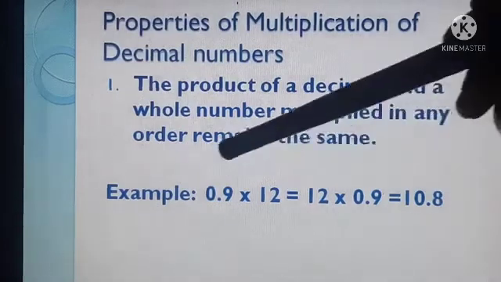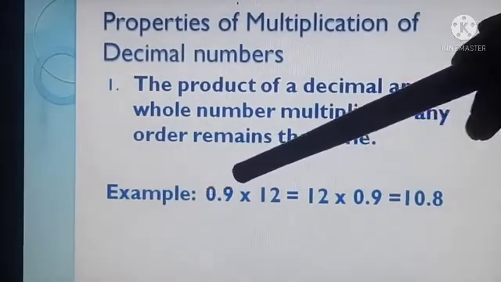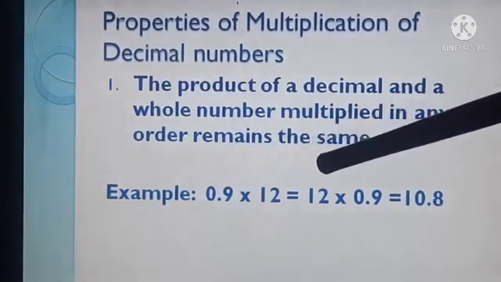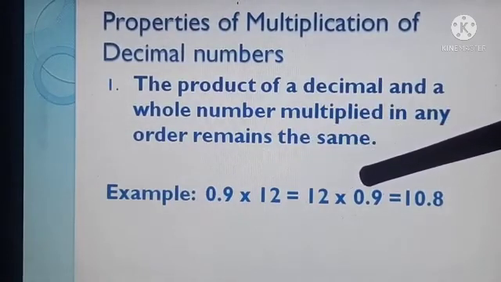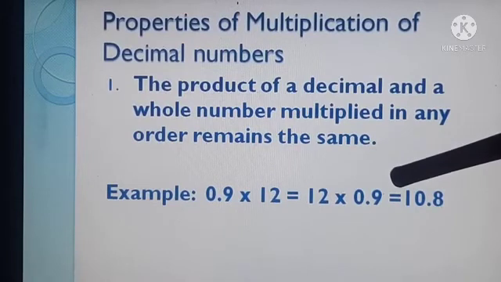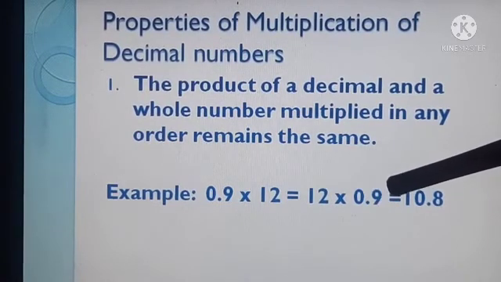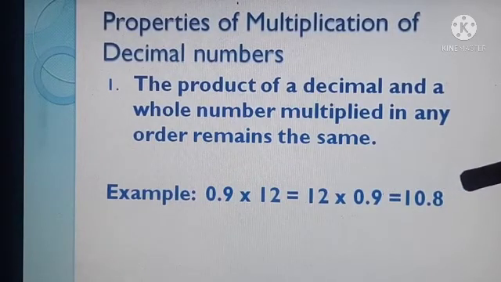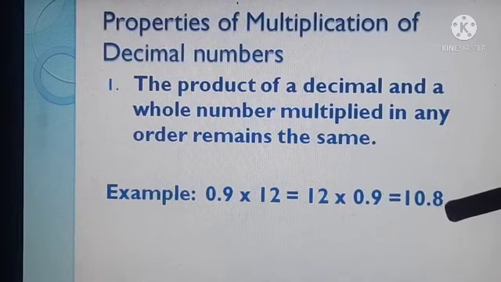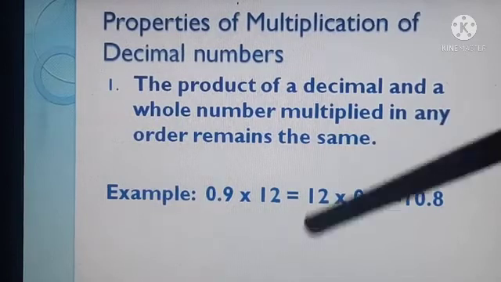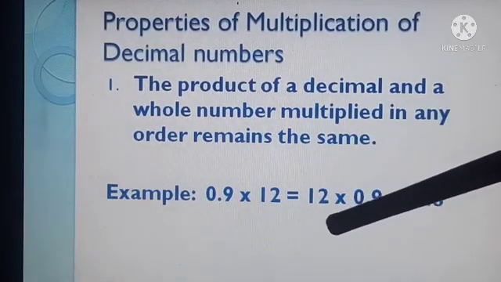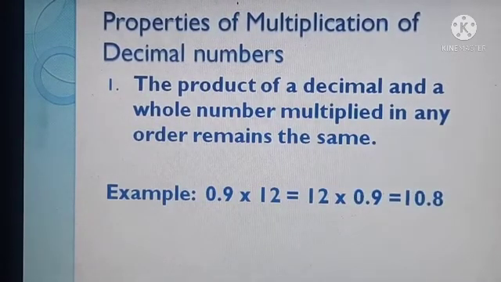And if we are changing the order, 0.9 multiplied 12 and now we have changed the order, 12 multiplied by 0.9. 12 nines are 108. After decimal, one digit is there. So here in answer 10.8. After decimal there should be one digit, that is decimal 8. So when we have changed the order, the product is same.